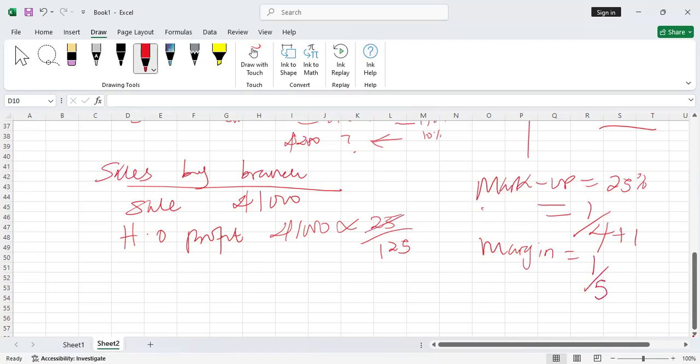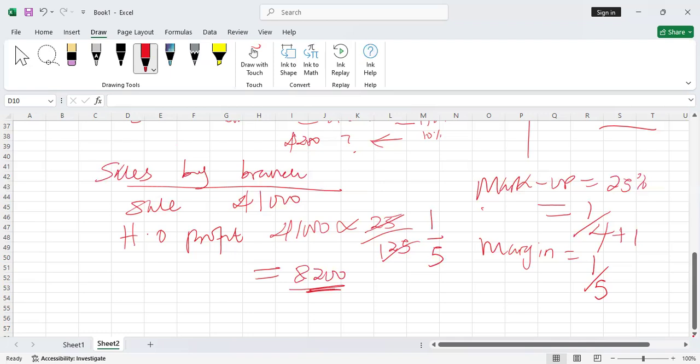So it is this fifth that you are seeing here. So 41 multiplied by a fifth, you are going to get 8,200. The head office on the sales that the branch is making, they are making a profit of that much.